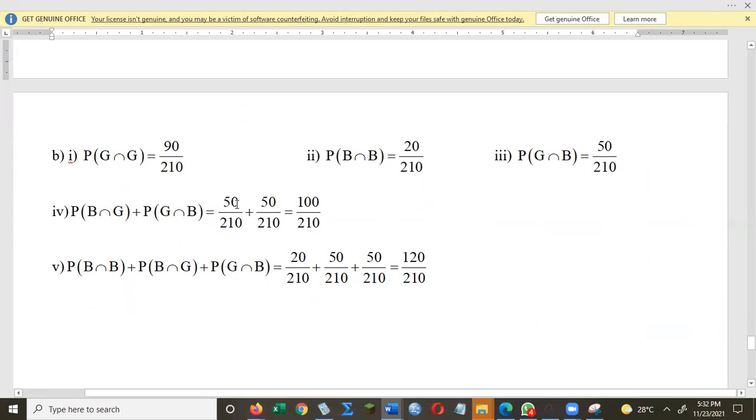So you add 50 plus 50 is 100 over 210. Please bear that in mind. Once you say the word or, that means you have to add. There are 2 ways to get 1 green card. Either you get it in the first selection or you get it in the second selection. So you add.